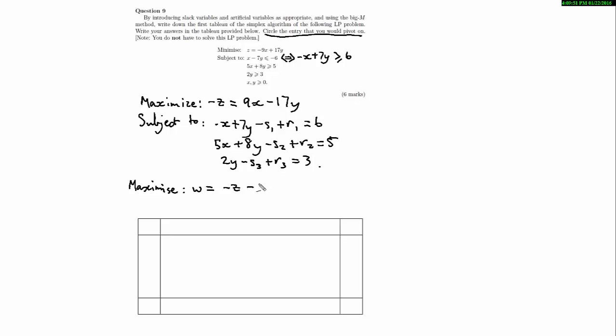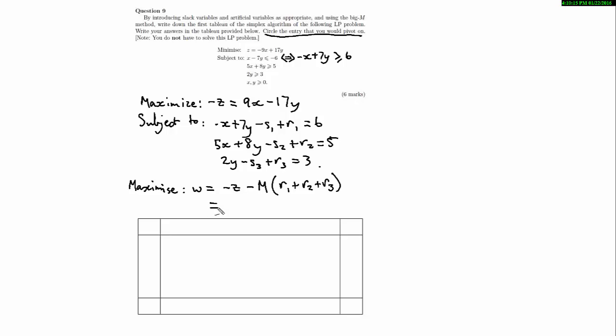So we do that by giving ourselves Big M, which is some large positive number, and then multiply that by r1, r2, and r3, and then give ourselves a negative sign, which then makes that an unfavourable part of our new objective function, which is w.